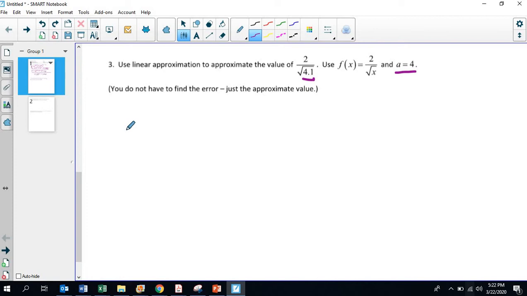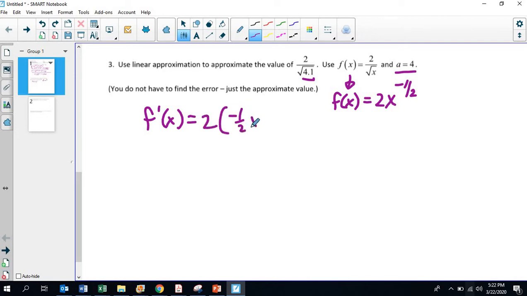And so the first step here is to find the tangent line once again. In order to do that, we need the derivative. And if you want to find the derivative of this, it's a lot easier if we think of this as 2x to the minus 1/2. Square root is 1/2 power. It's in the denominator. So the derivative of that is 2 times negative 1/2 x to the negative 3/2.